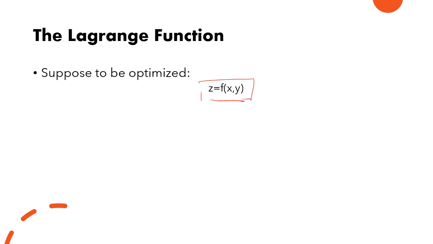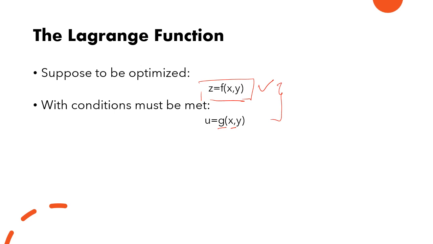We call that a condition, and that condition will also contain a function with independent variables, the same two variables, x and y. By combining these two functions into one function, this is what Lagrange has found.